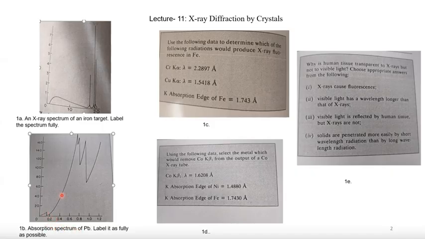And then this is another peak, which is the L absorption of lead. That L1 absorption we call the L1 absorption of lead. This is the L2 absorption of lead, and this is the L3 absorption of lead.